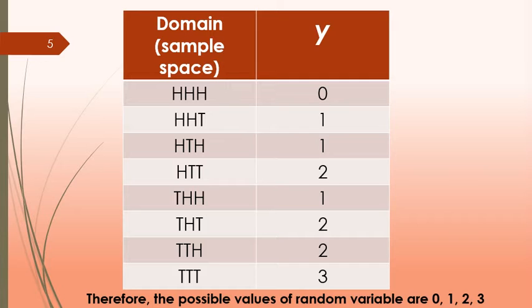Therefore, if we look at the range, what could be the possible values? All possible values of the number of tails could be 0, 1, 2, and 3. Again, the possible values of the random variable are 0, 1, 2, and 3.